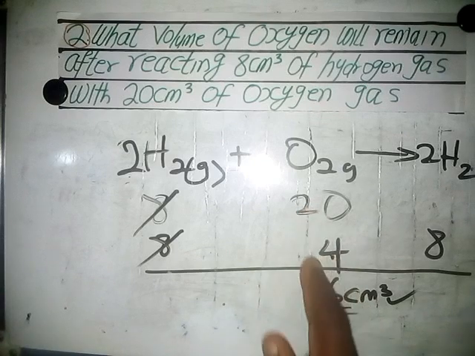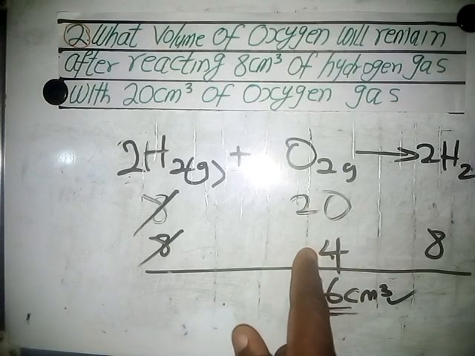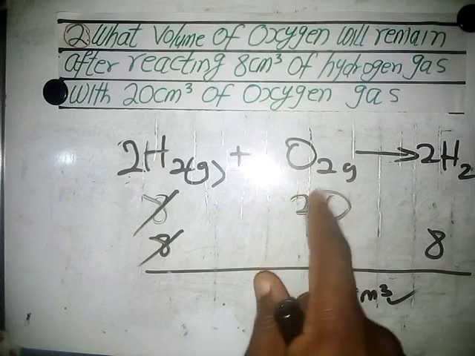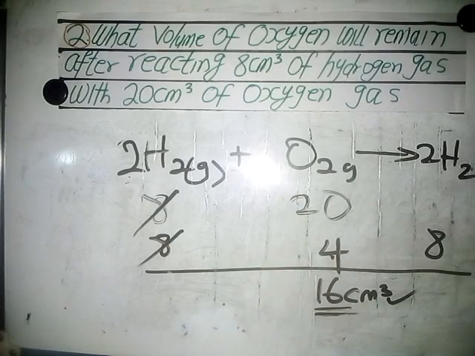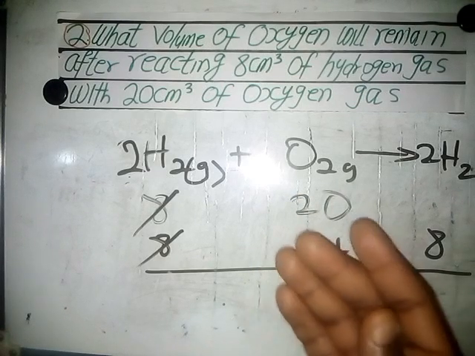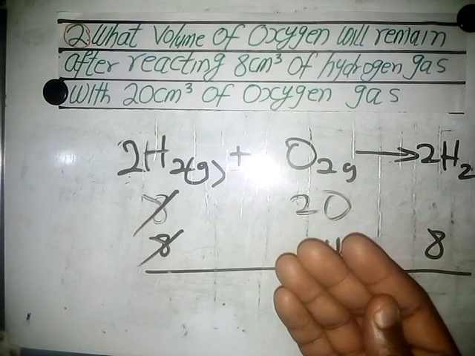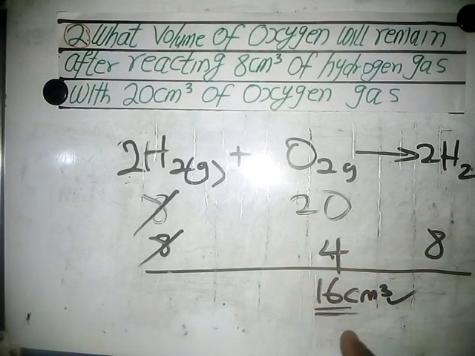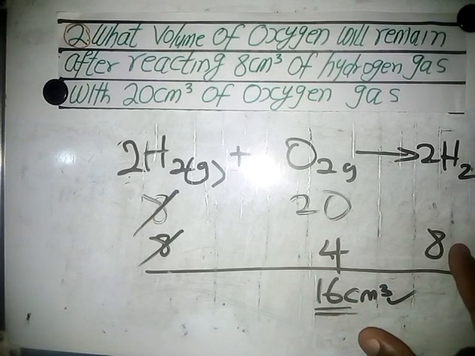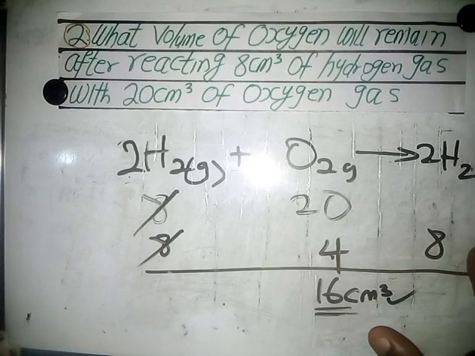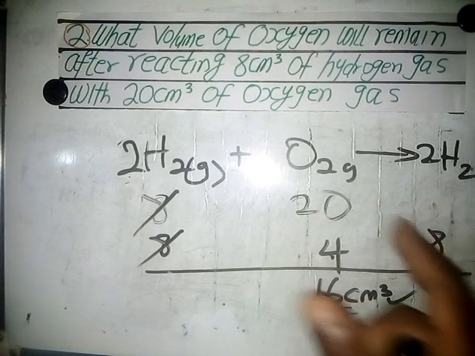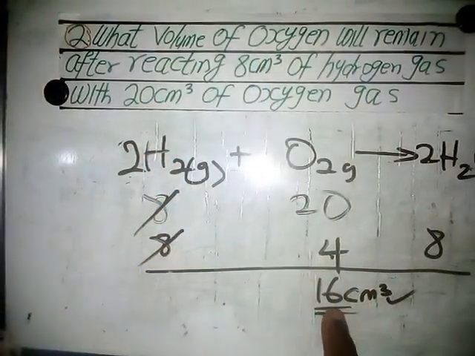Because of this, it was 4 that was used up. Of 20, 4 was used up. We are left with 16. If they said calculate the residual gas, that means I will say 16 plus 8 will be the volume of the residual gas. But in this question, they just said we should calculate the volume of oxygen that will remain. So your answer is 16.